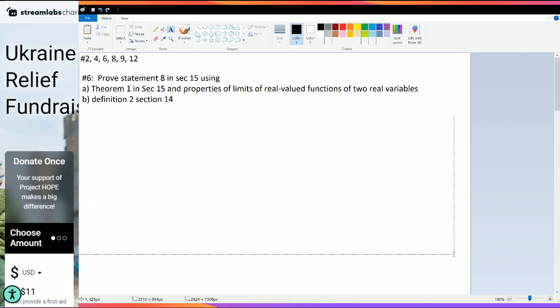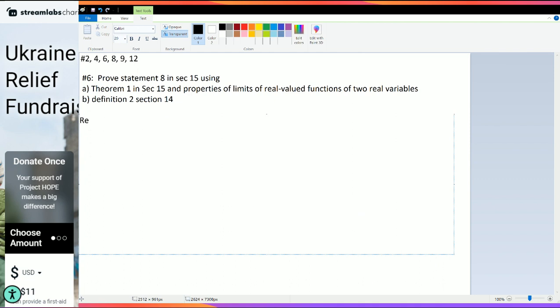Well, first, we need to recall statement 8 of section 15, which I shall look up in the textbook. All right. The sum of the limits equals the limit of the sum.